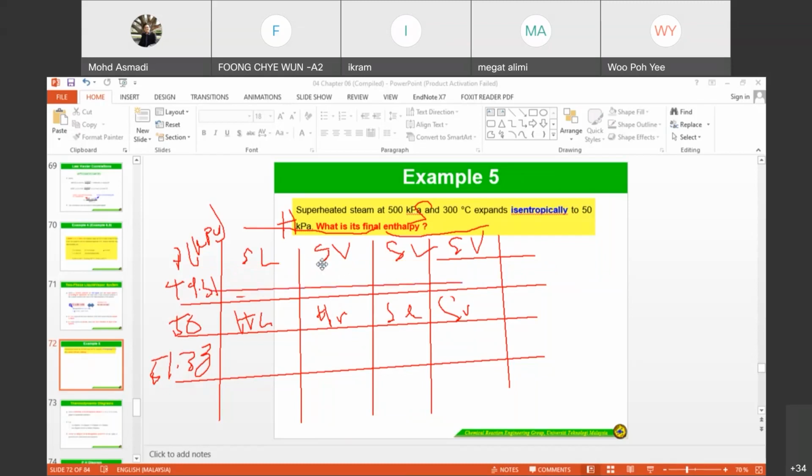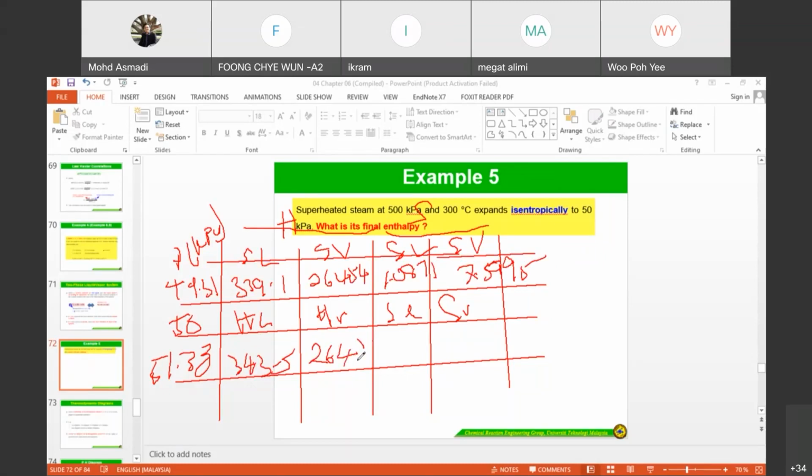The values are 339.1, 2645.4, 1.0871, and 7.5995, and then 343.3, 2647.1, SL is 1.0990, and this one is 7.5858.